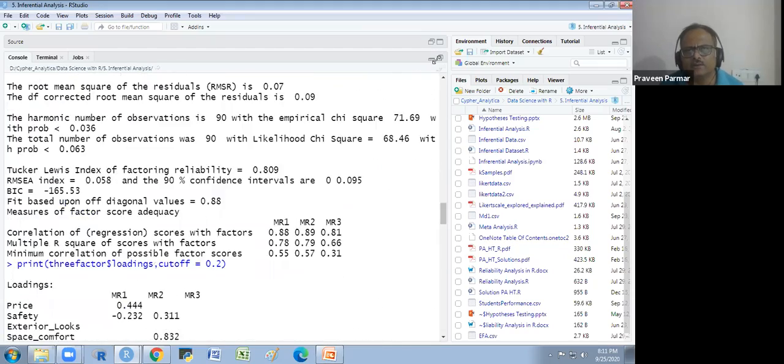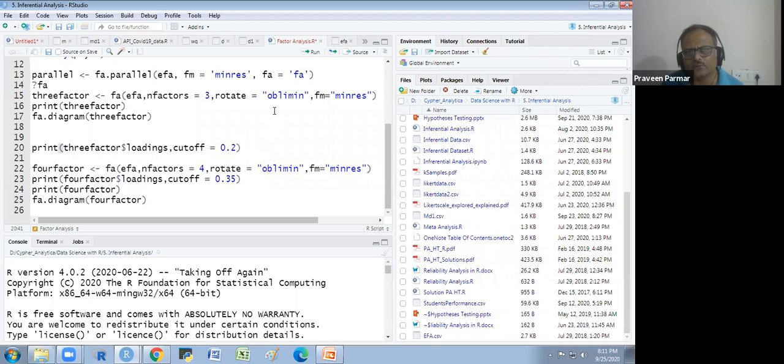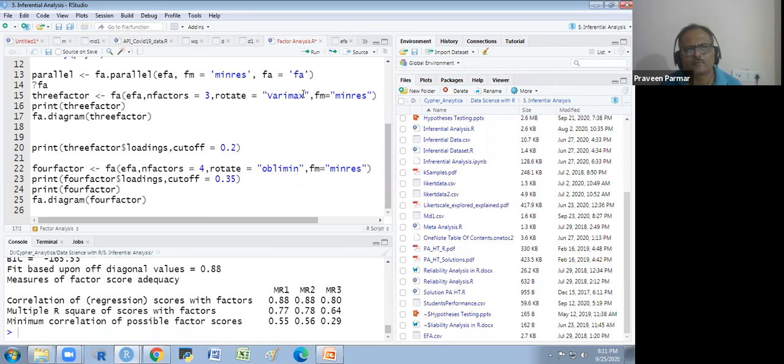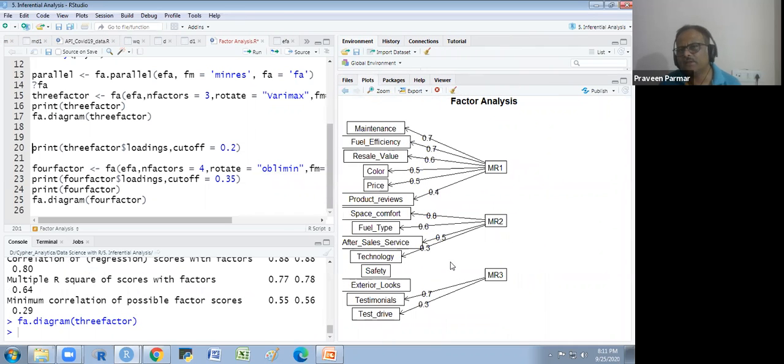It is very simple. It's a very small script I have created here. Here I have taken a cutoff of 0.2 for the loadings. We can also look at the varimax method and compare with a different method, or see whether the same variables are coming or whether there is some change.